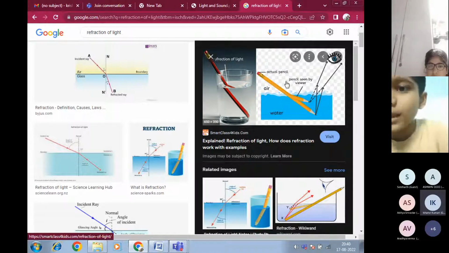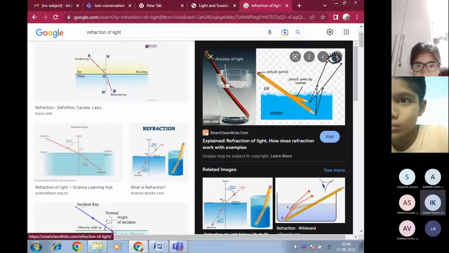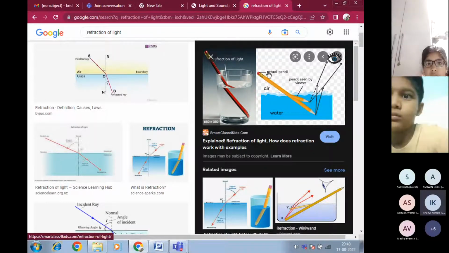So here, this is one medium, air, and the next medium is water. Half of it is present in the water and half is present in the air. So outside the water means it is in the atmosphere.